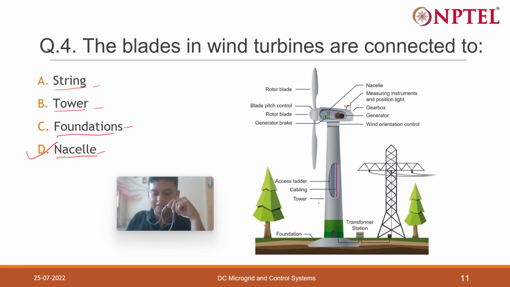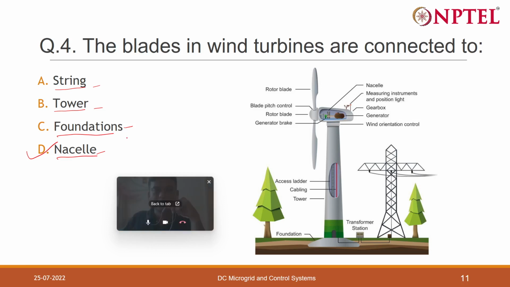here. Tower, here you can see this one. This is like a steel tower. Here you can see it is made of tower on which this nacelle and rotor blades are present. And foundation, you can see that is the earth present on the ground.